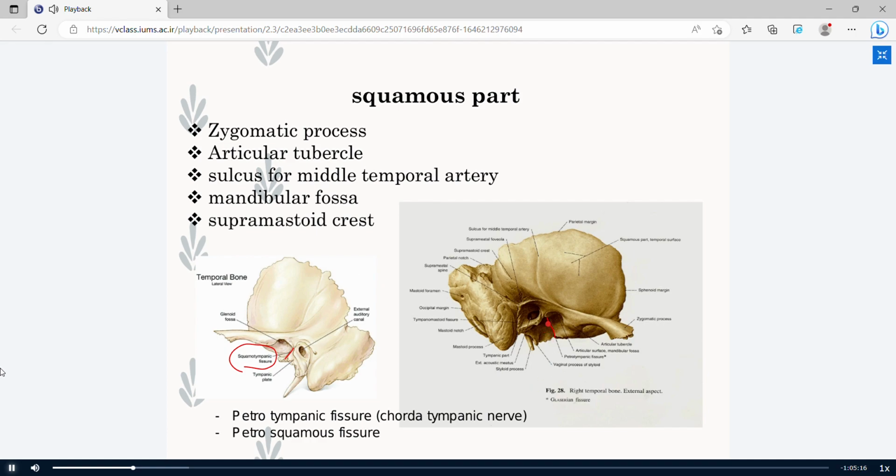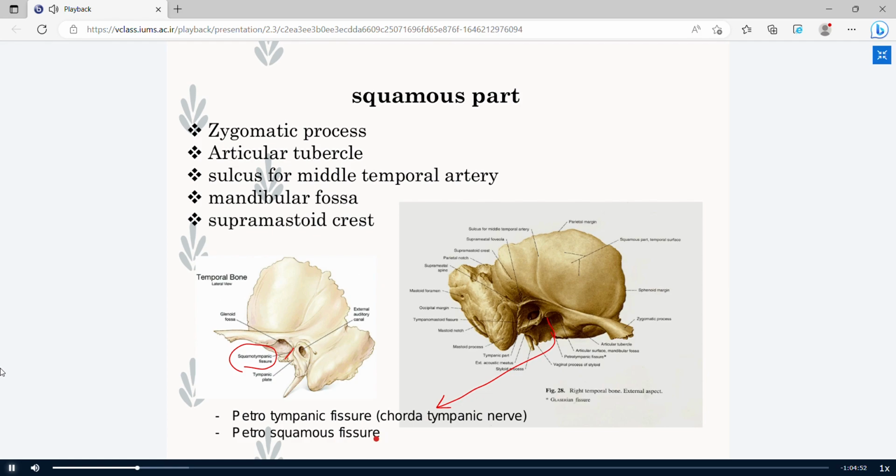But there is a thin bony appendage from the petrous part inside the squamotympanic fissure, and this fissure is subdivided into two fissures, the petrotympanic fissure and the petrosquamous fissure.